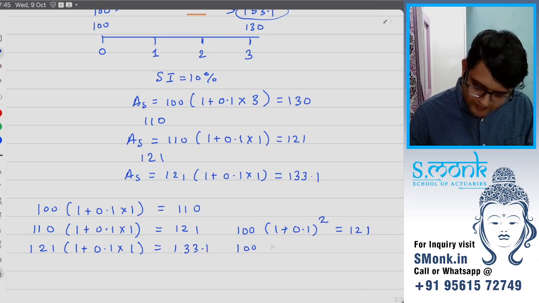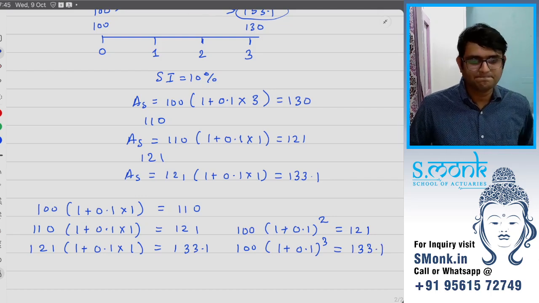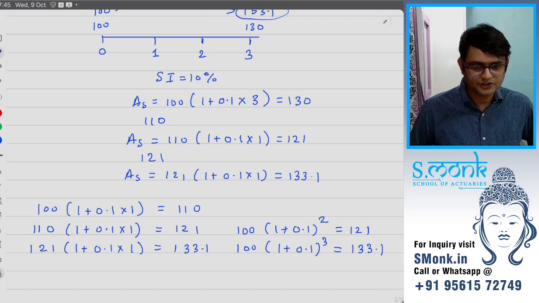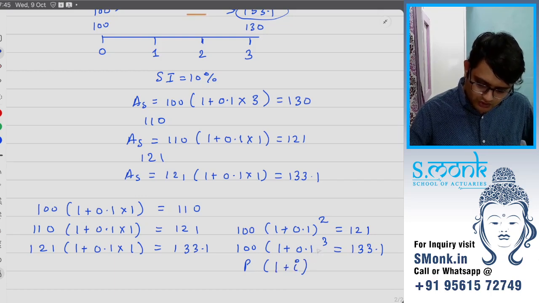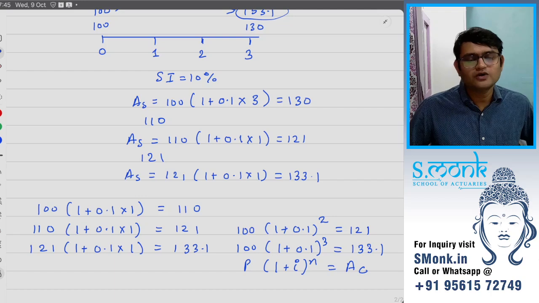So I can say it is the same as 100 into (1 plus 0.1) cubed is 133.1. So this, principal into (1 plus rate of interest) raised to n, is the formula for compound interest.